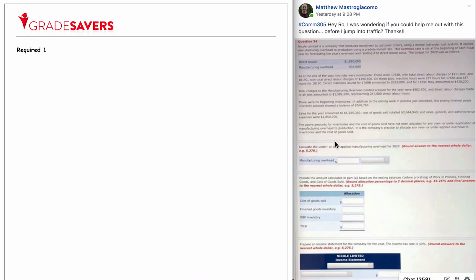The above amounts for inventories and the cost of goods sold have not been adjusted for any over or under applied overhead to production. It is the company's practice to allocate any over or under applied overhead to inventories and to cost of goods sold. In Required 1, we're asked to calculate the amount of under or over applied overhead for the year 2020.